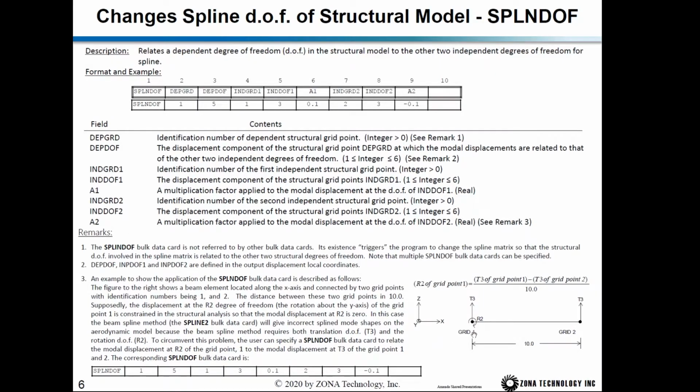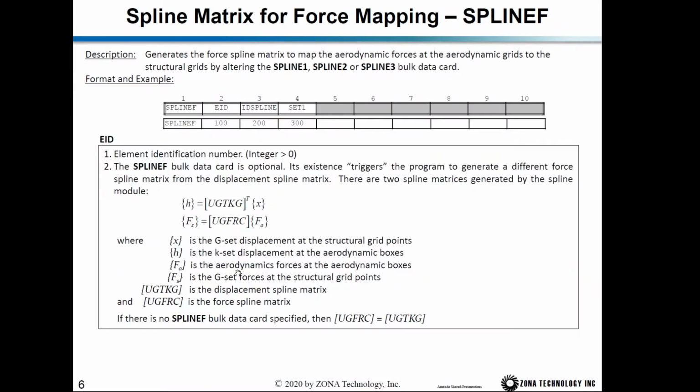In this case, I can create a rotational degree of freedom at this grid point. So this card is called spline d.o.f. And sometimes when you do the force spline, you want to use a different spline strategy, meaning you want to use different structural grid points to create the force spline.